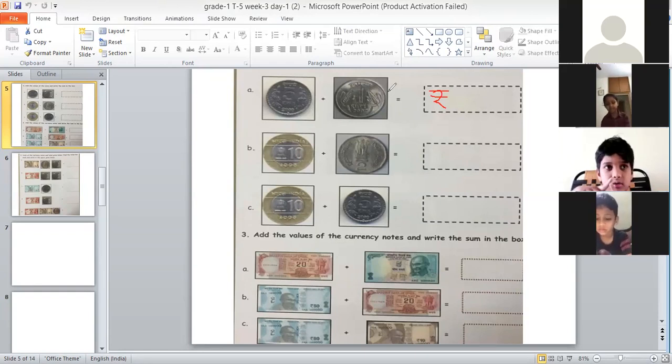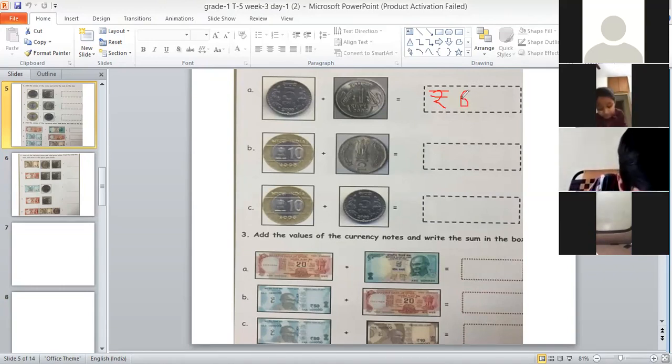Yes, 5 and 1 is 6. So this is equal to 6 rupees. So we'll write 6. So answer for first bit is 6 rupee.